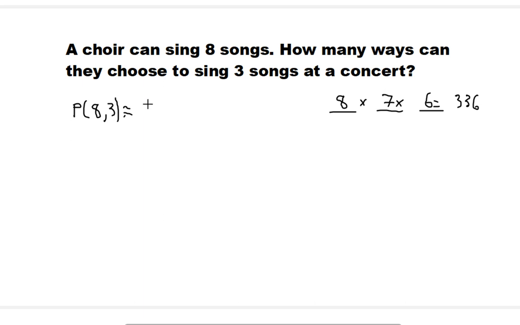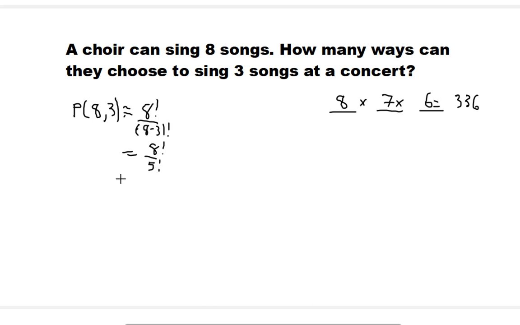So just a reminder from the formula earlier, a number of permutations is just n factorial, in this case, n is the number of objects, 8 factorial, divided by n minus r factorial. N is 8, r is 3. Let's put that in brackets here. So now we get 8 factorial over 5 factorial.